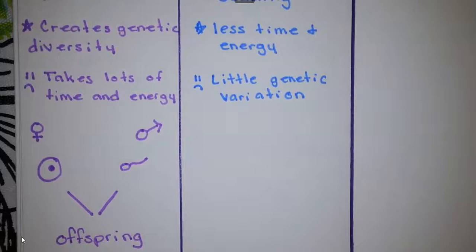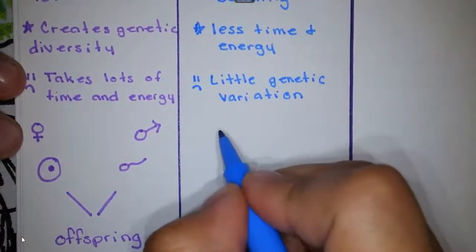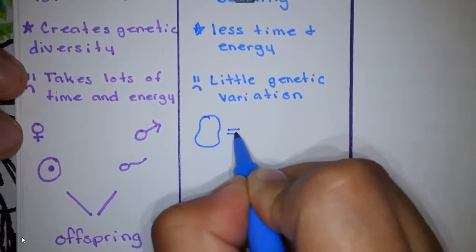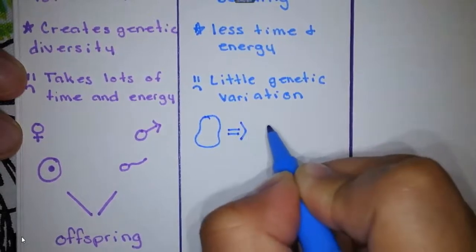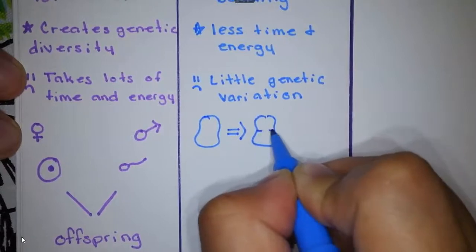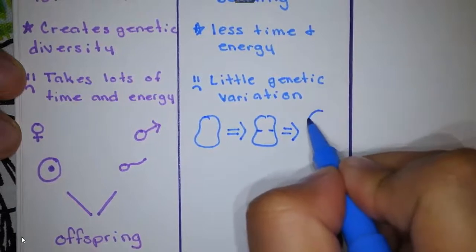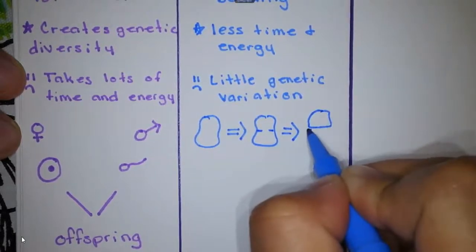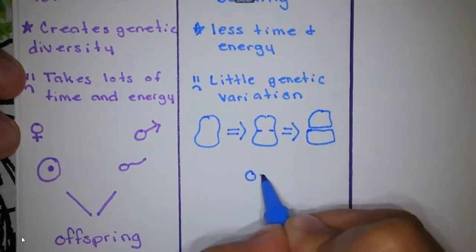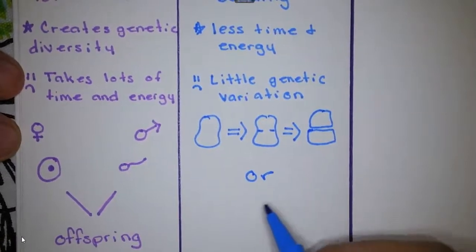In asexual reproduction, you have the binary fission way, which is basically the original cell goes through a process of splitting in half and finally giving you two organisms. Or you have budding, and hydras are a really good example of budding.